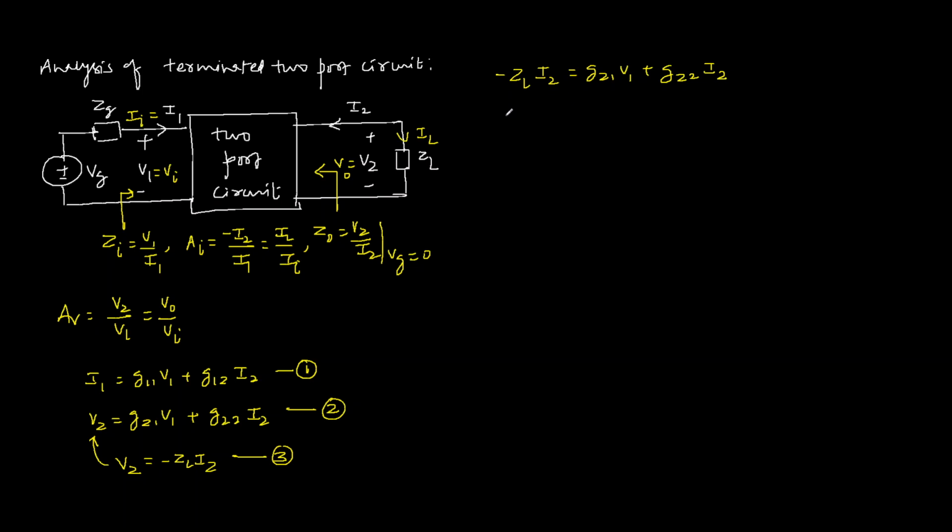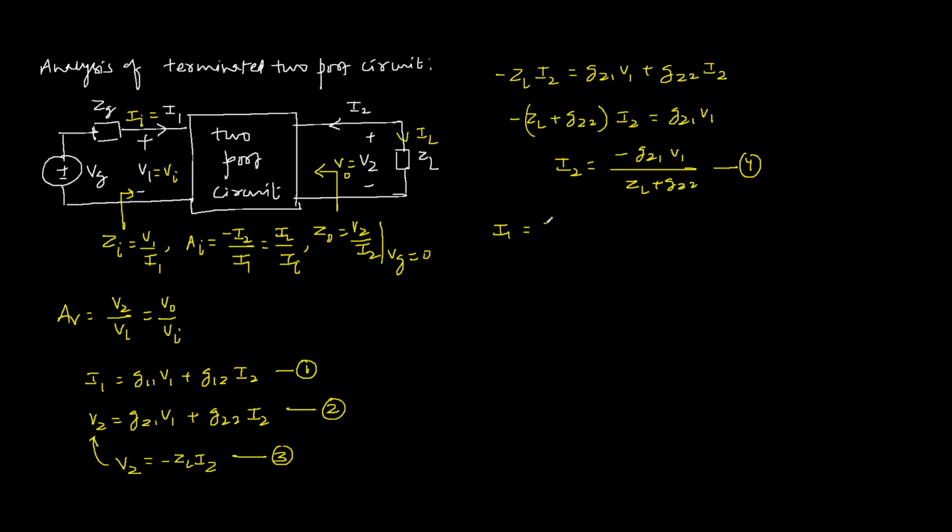So negative ZL plus G22 times I2 equal to G21 V1. So I2 is negative G21 over ZL plus G22 times V1. This is equation 4. Now we will replace this I2 from equation 4 into equation 1.